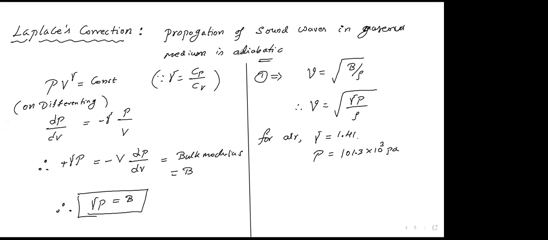And the rho value, the density of air, is 1.293 kg per meter cube. Substitute these values and calculate. Now tell me how much answer you get. So this is the Laplace formula.